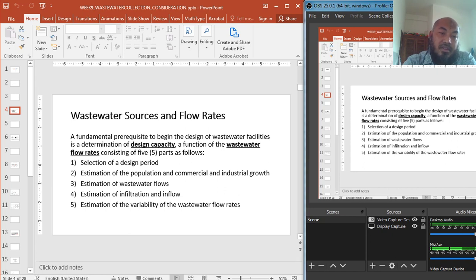Determination of this design capacity is very important, and it is a function of the wastewater flow rate.